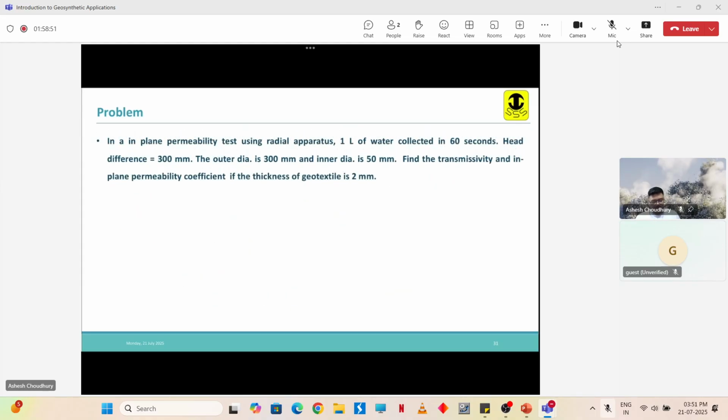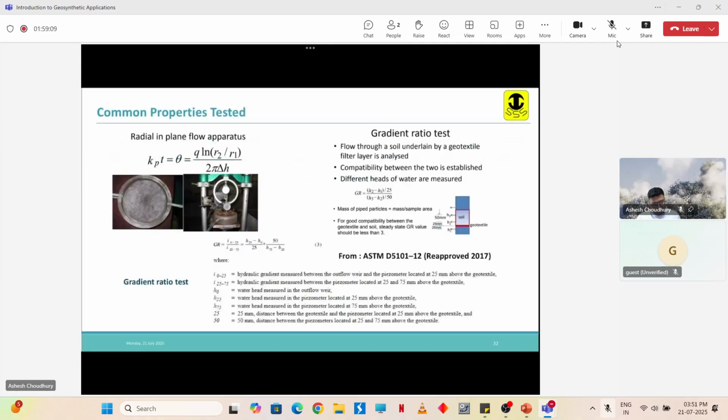Similarly, let us solve this problem on the in plane permeability test using the radial apparatus. One liter of water is collected in 60 seconds, the head difference is given, along with the outer diameter and inner diameter. So there is a test known as the in plane permeability test. Let us see that. This is the in plane flow apparatus. Here the geotextile is placed like this in a chamber, and we measure the in plane flow.